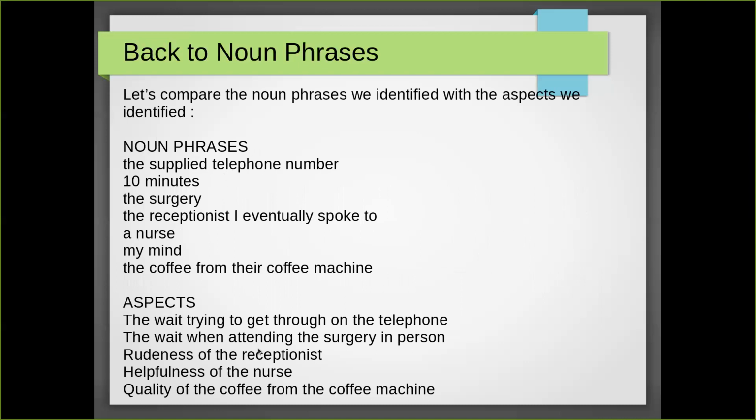It's picked up on the main aspects we're talking about: the telephone, the bit about the surgery, the bit about the rudeness of the receptionist, the bit about the nurse, the bit about the coffee from the coffee machine. So by finding these noun phrases, we seem to have found the bits of the review that match up to the aspects. We found some extra bits as well, but we've largely managed to find the aspects that we want to split it down into.